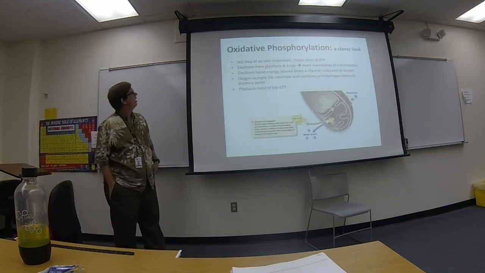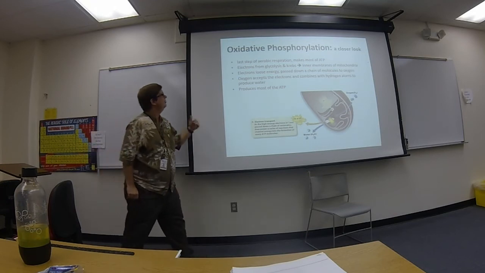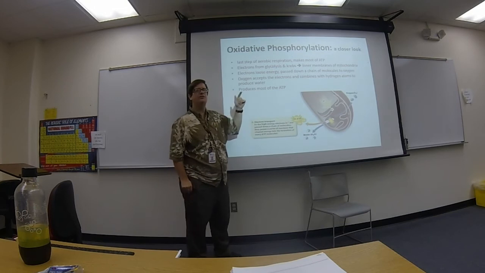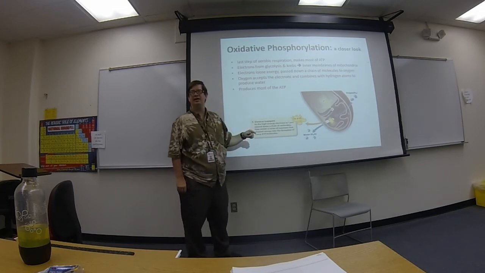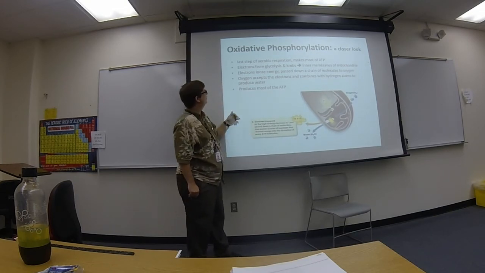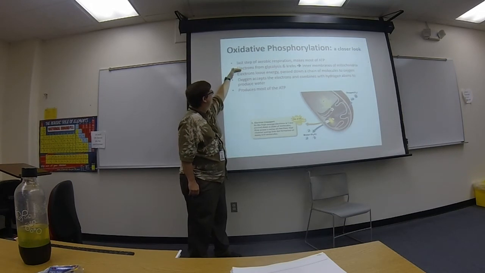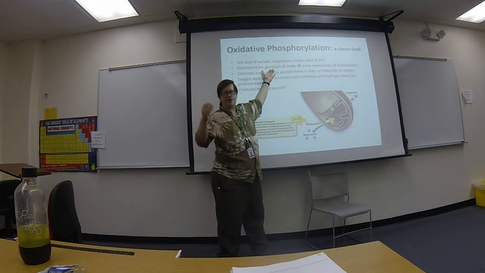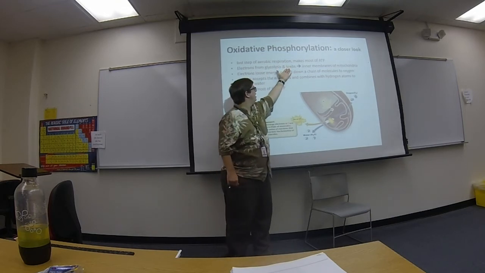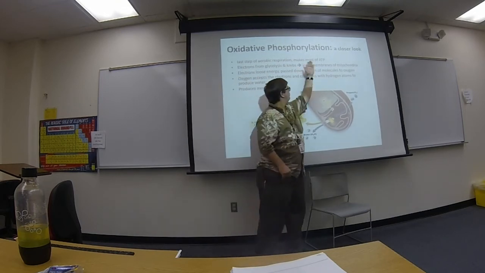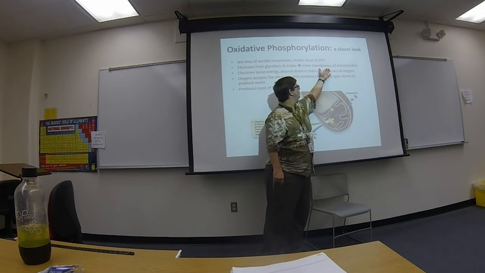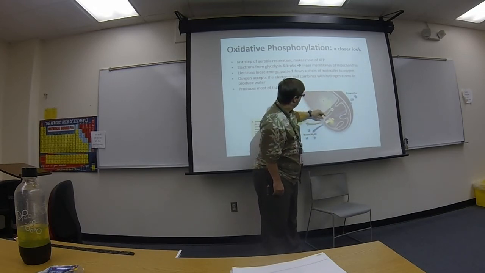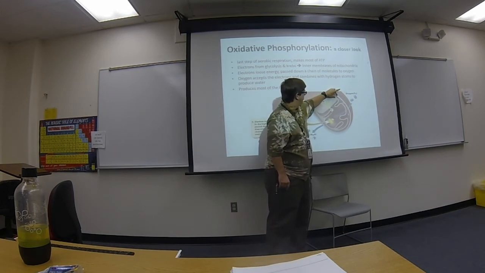All right, so oxidative phosphorylation, you need to know that it is the last part, the third part. You need to know that it is the part that makes the ATP. Yes. Good, it makes most of the ATP. It does this by taking electrons and hydrogen from glycolysis, electrons and hydrogens from Krebs, and carrying them to the inner membrane of the mitochondria. Remember, mitochondria has a double membrane system.